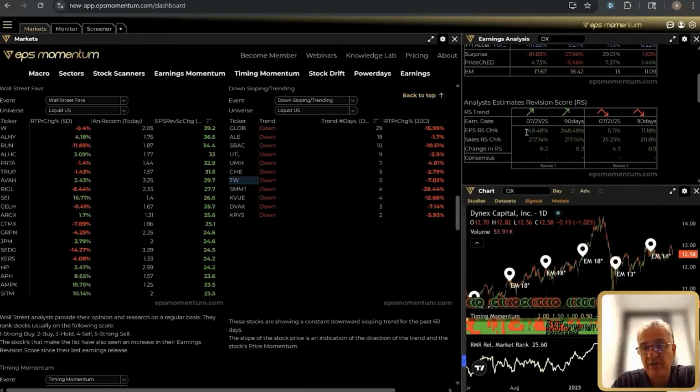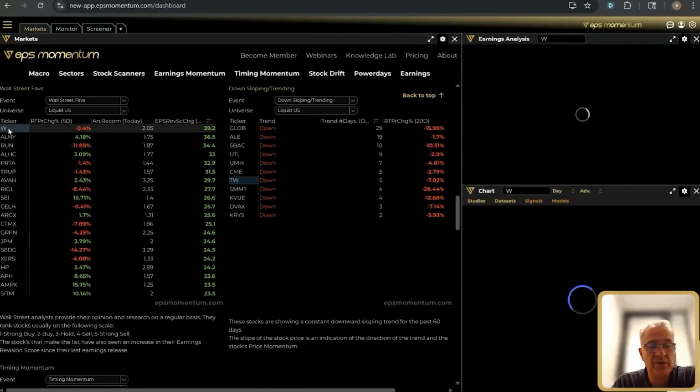So here you have the ability to see for 90 days ago, what was the change of that revision score? It went up 248%. Sorry. It was 90 days ago here, and this is from the earning day. So here we have the same thing from the earning day or 90 days ago.